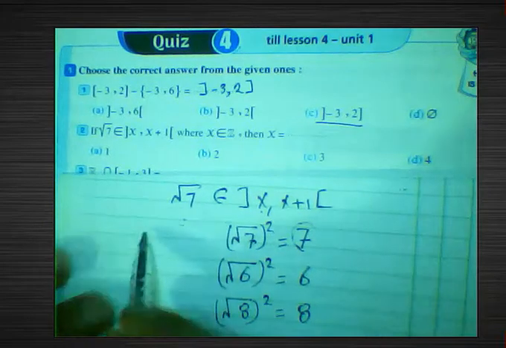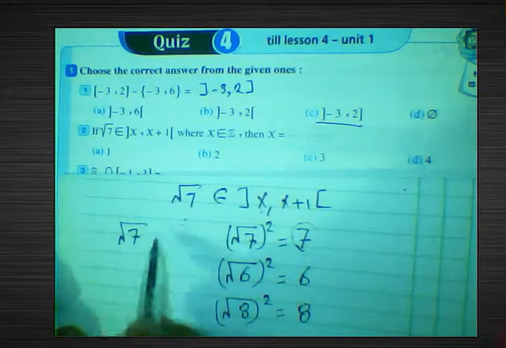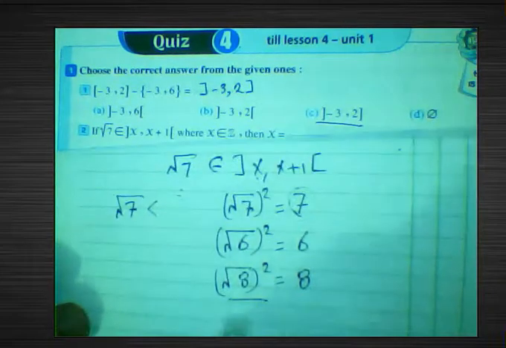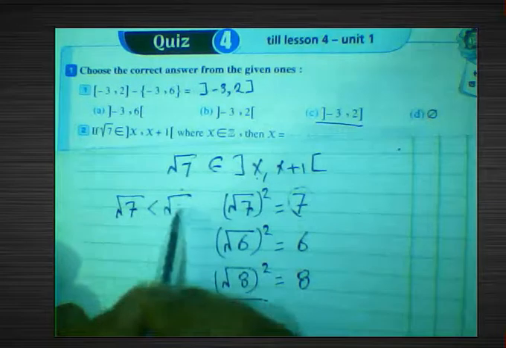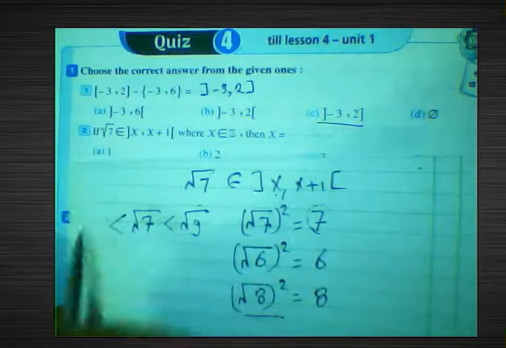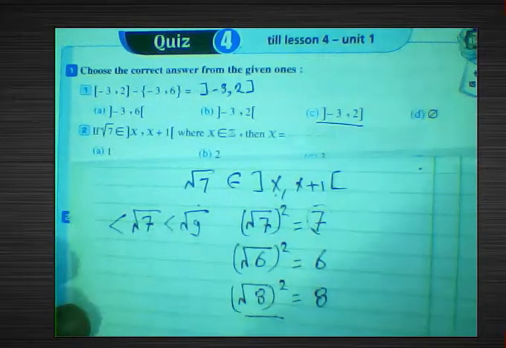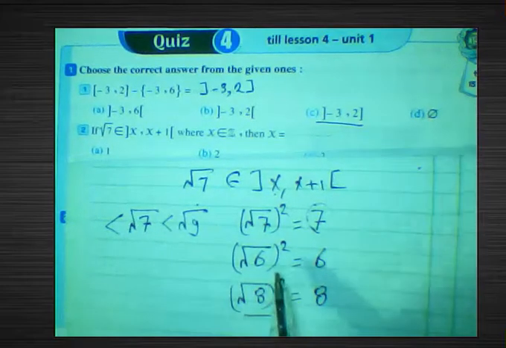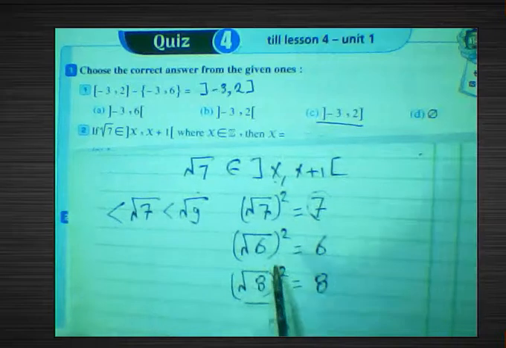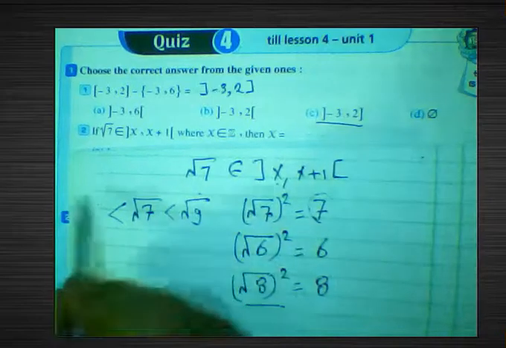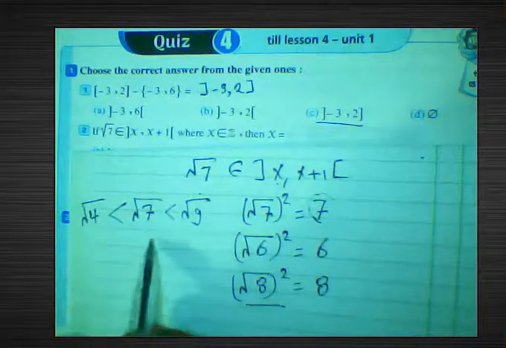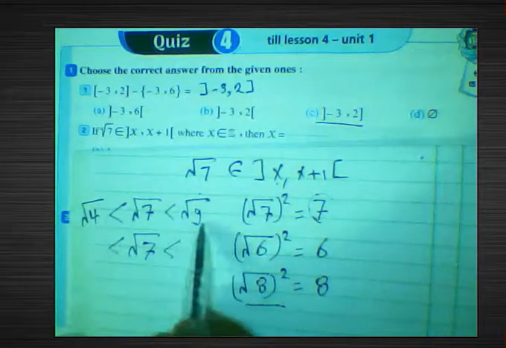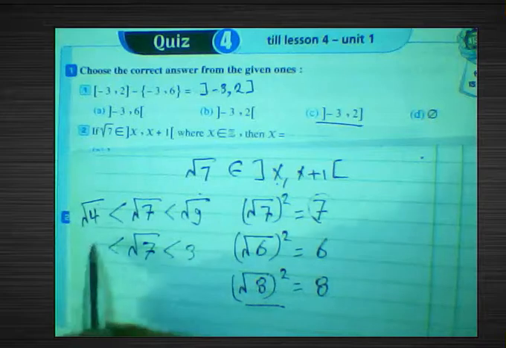Look at root of 7 less than root of 8 less than root of 9, and more than root of 6, root of 5, root of 4. Yes, root of 4. So square root of 7 lies between square root of 4 and square root of 9.